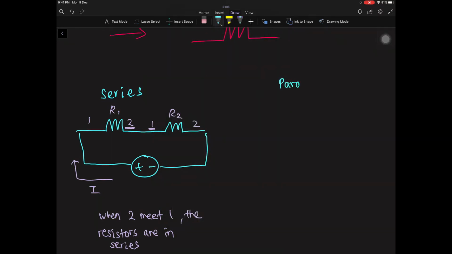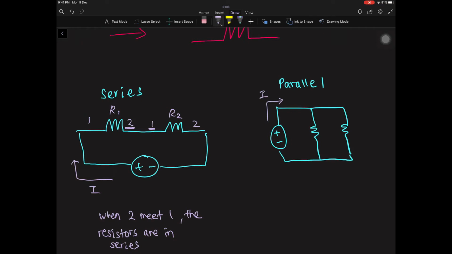So what about parallel? As you can see, the current flows from positive to negative, but when it reaches the node, the current will split into 2. But don't worry, you just write the numbers out. When current I1 flows through R1, this is number 1, this is number 2.